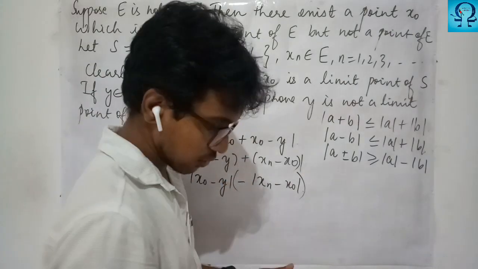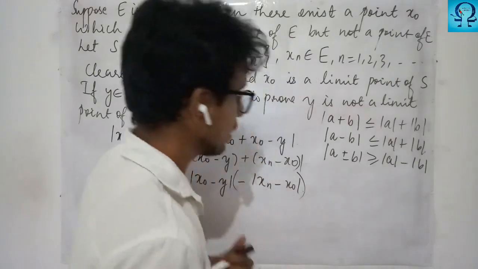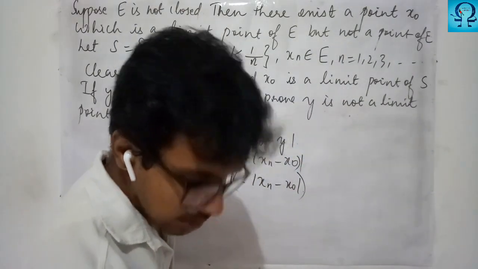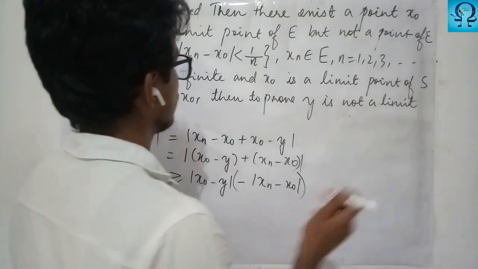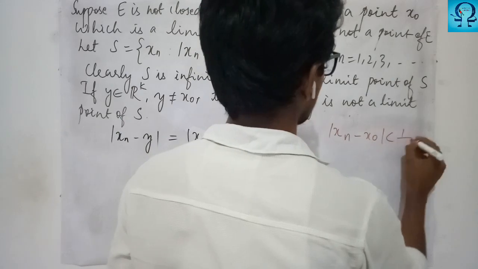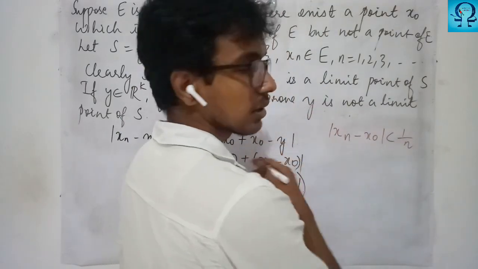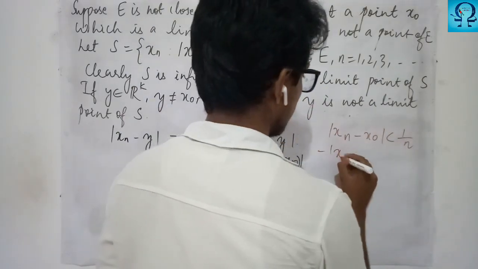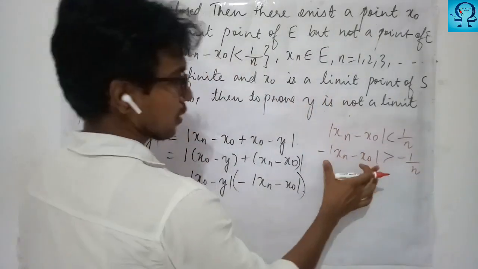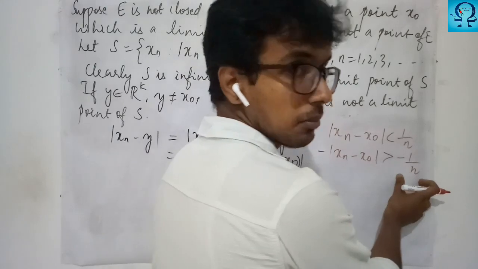Let us see what is the value of this thing. Some of you might have got the idea now itself. So xn minus x naught is less than 1 upon n. So when you negate the sign, it is going to be bigger than minus 1 upon n. So this has to be replaced with minus 1 upon n.